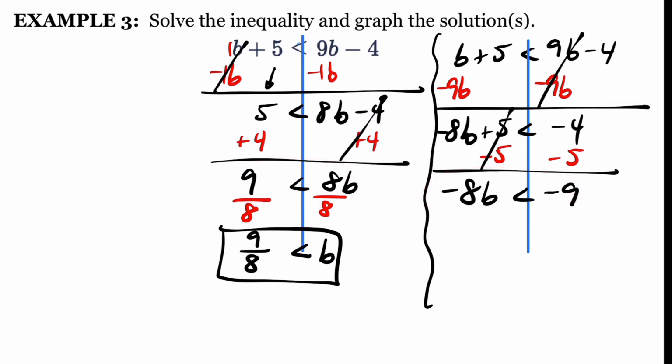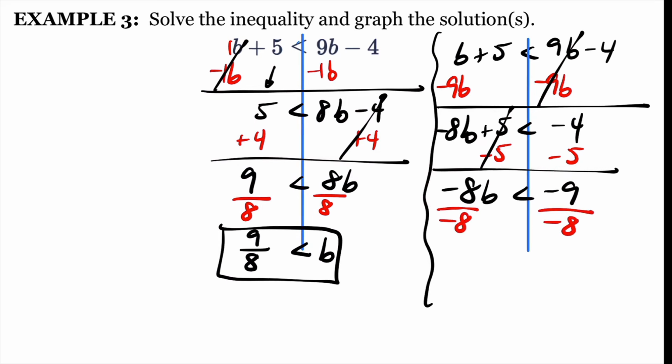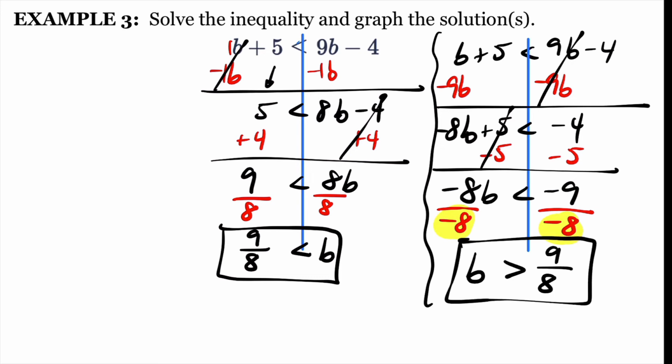Okay, so let me divide by negative 8. But I divided by a negative 8. The golden rule says if I divide or multiply by a negative number, I got to flip them. So when I flip them, it's going to be that.